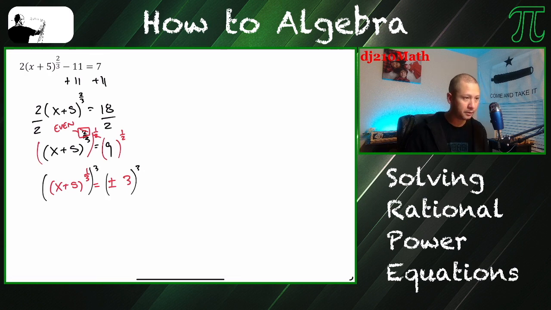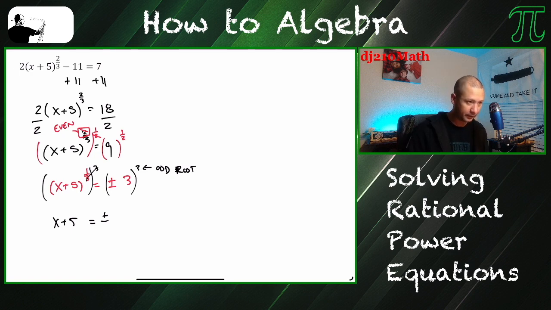I'm going to cube both sides because of the 1/3 power. Left-hand side, this cancels. x plus 5 is equal to plus or minus 3 cubed. Again, it's an odd root, so the plus or minus comes out.